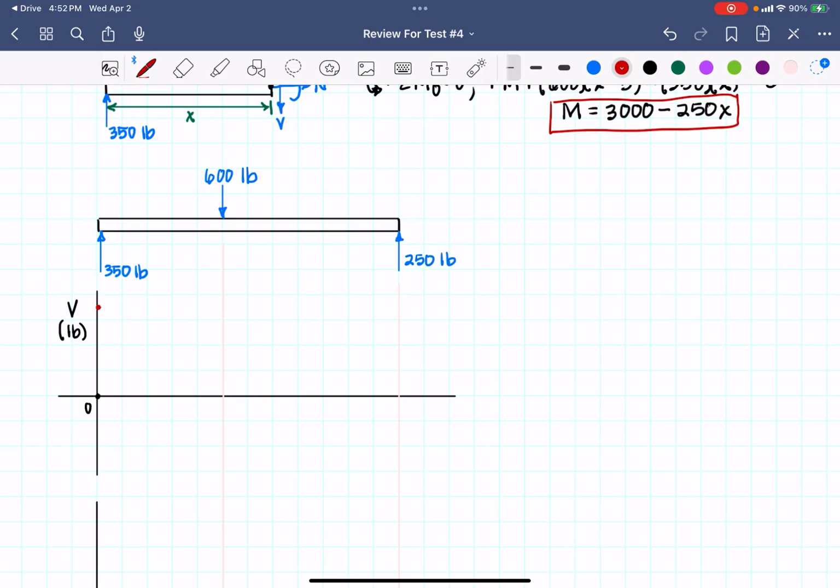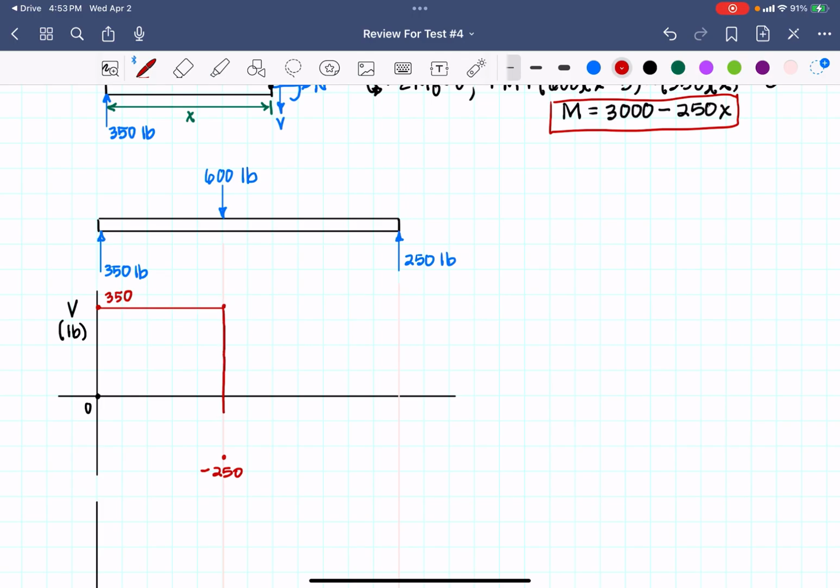So let's say that is 350. And then it continues until I get to 5 feet, which I have marked. And then it's going to go down to negative 250. It's going to be around here. That's negative 250.